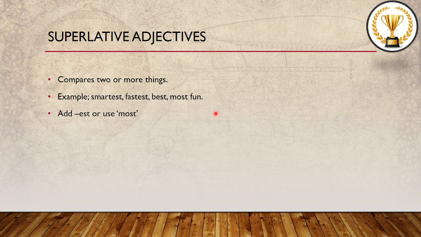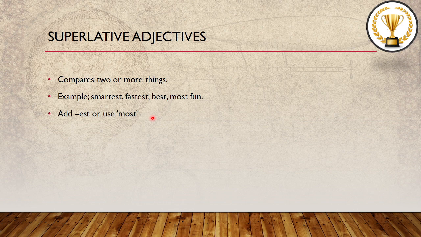Then you can say second dog, yes, it's faster than the first one. And you can say the third dog is the fastest of all 3 dogs. Alright? So it compares more than 2 things. So smartest, fastest, best, most fun. So the special indication of superlative adjectives is add est or use most. If you are using most, you put it in the front. If you are using est, you put it at the end.